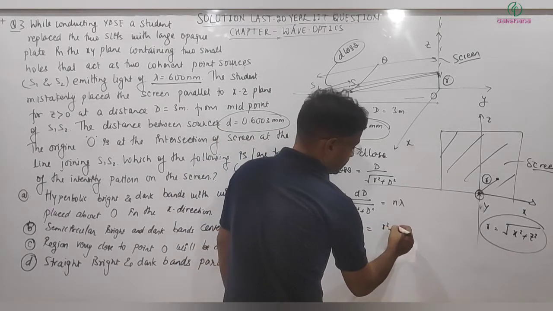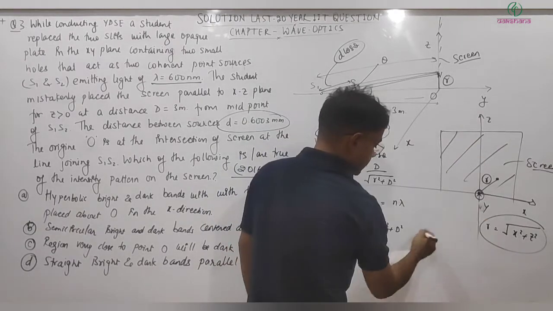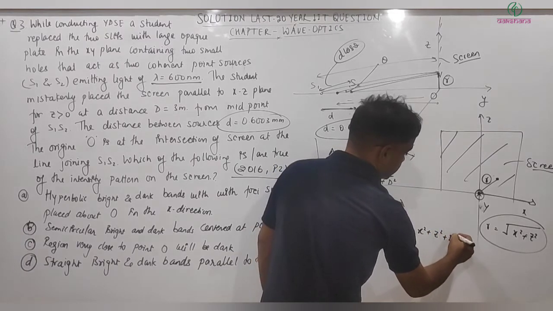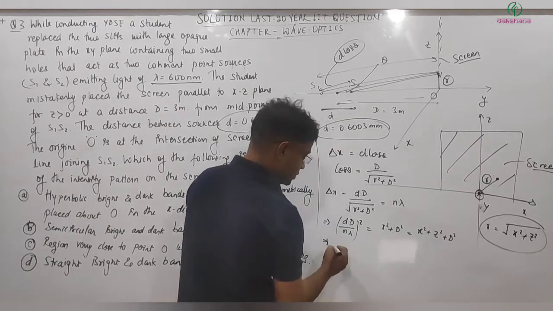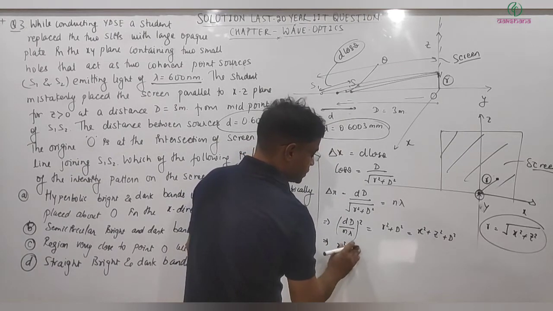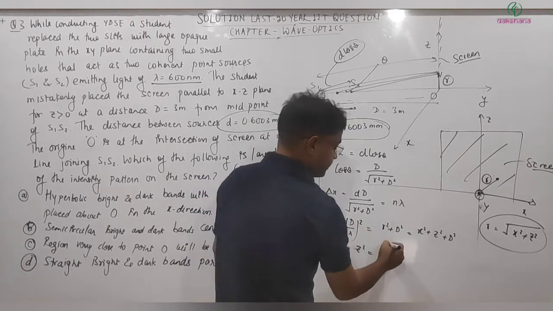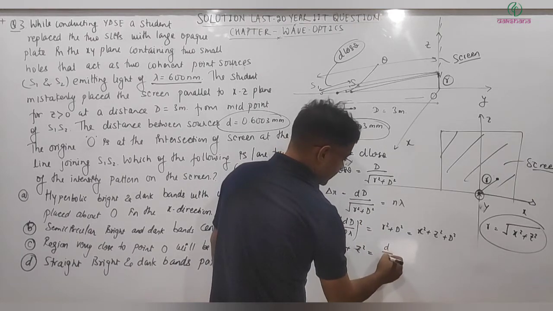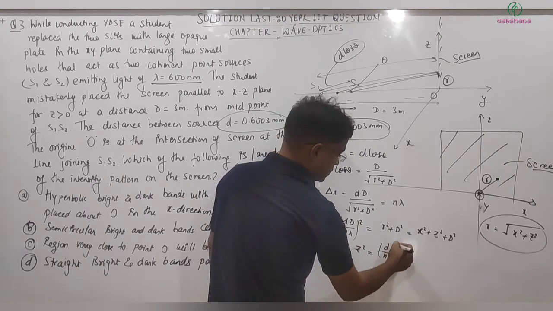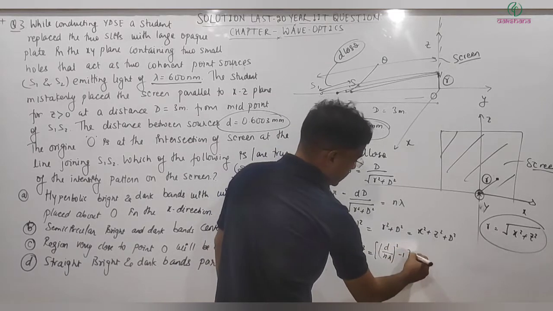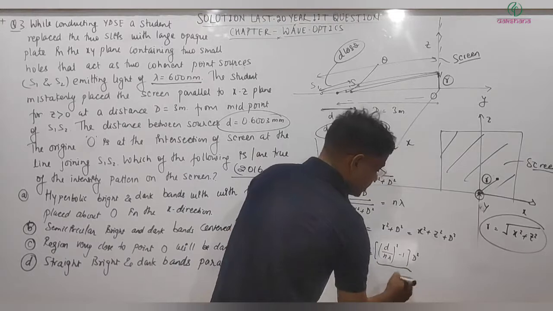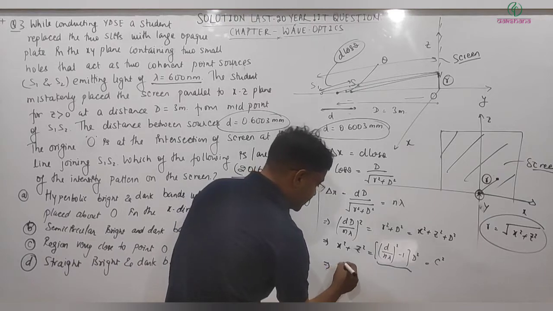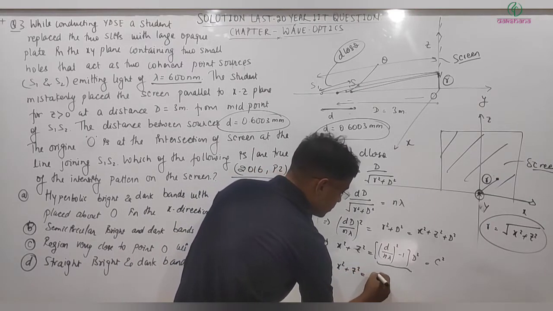This is equal to r square plus capital D square, and I put the value of r square as x square plus z square plus capital D square. This implies that x square plus z square is equal to something constant, d by n lambda whole square minus 1 into capital D square. Let me write this constant as c square.